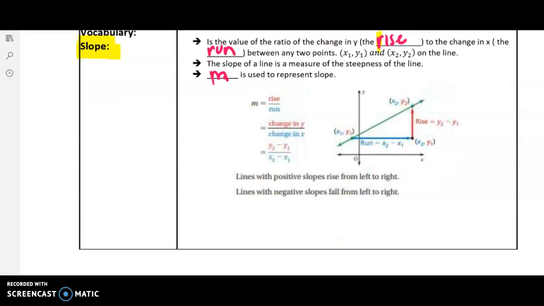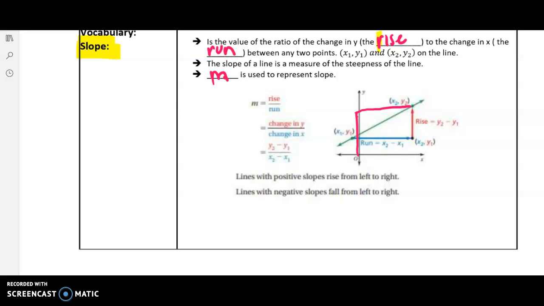So m, like I said, we call it rise over run, which means when we're on a graph, we see how many boxes we go up first, and then over. Like we rise up and then we run to the side to get to our next point.